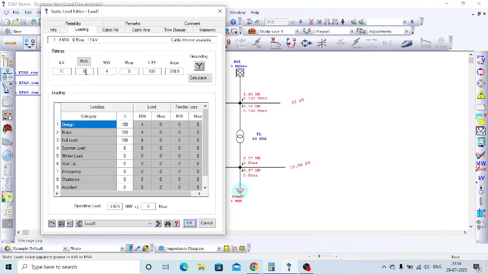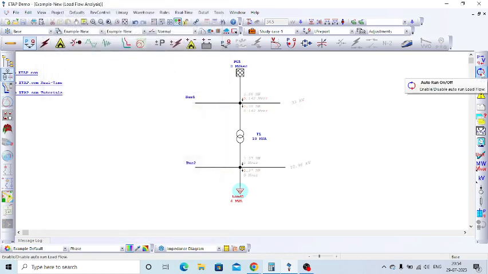Now I changed it to 6 MVA, 6 megawatt. Now you can see the bus voltage is not 10.96 kV, it is 10.94 kV. It is drawing 5.93 megawatt, a little higher power from the grid because of the losses in the transformer.